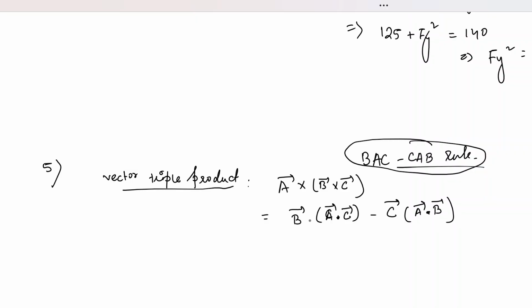The other part has no dot product; it is just a scalar associated with the vector. So the back cab rule says A cross B cross C gives B times A dot C minus C times A dot B. This is your back, and this is your cab. This is how you remember it.